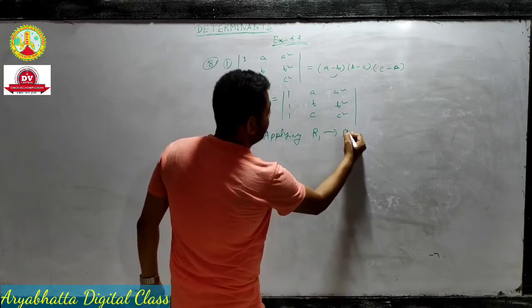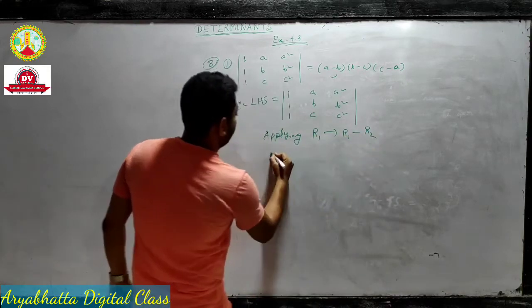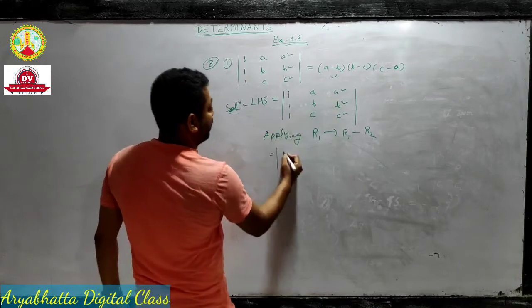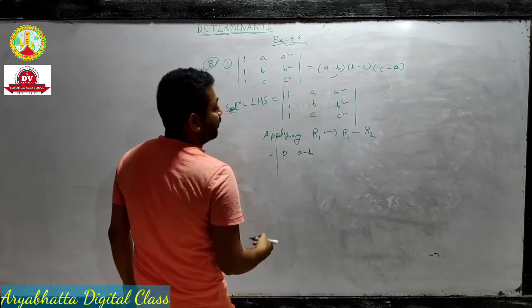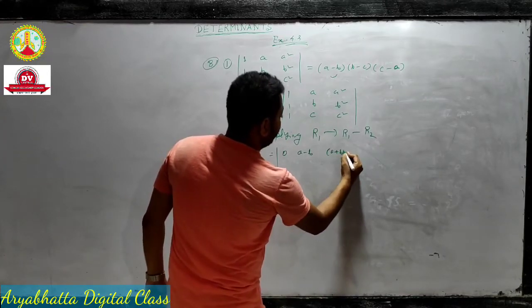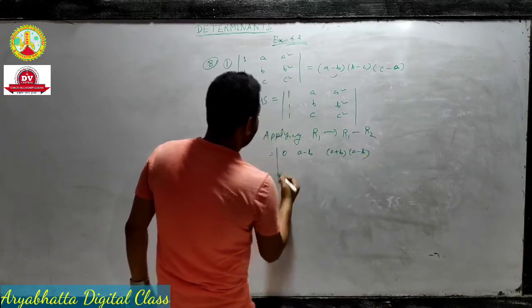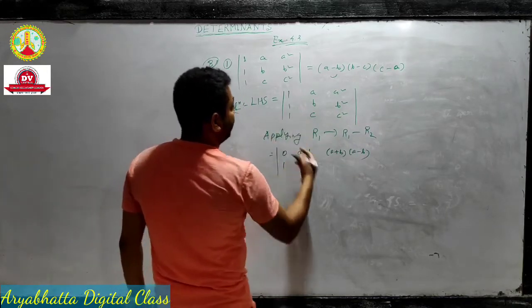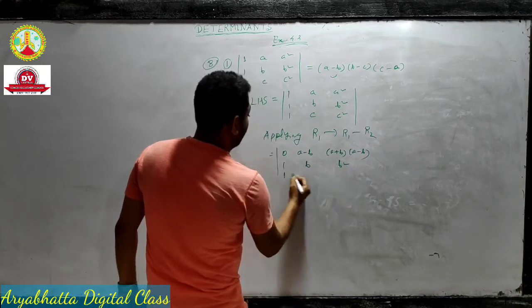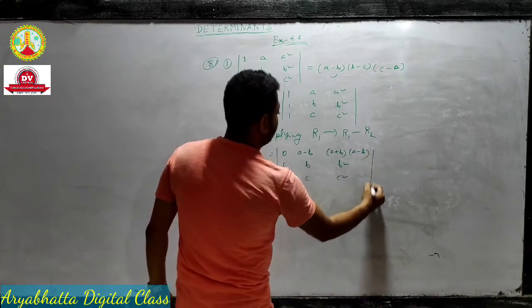So applying R1 tends to R1 minus R2, we get 1 minus 1 is 0, a minus b, and a square minus b square, which is equal to a plus b into a minus b. The second row does not change, 1, b, b square, next 1, c, c square.